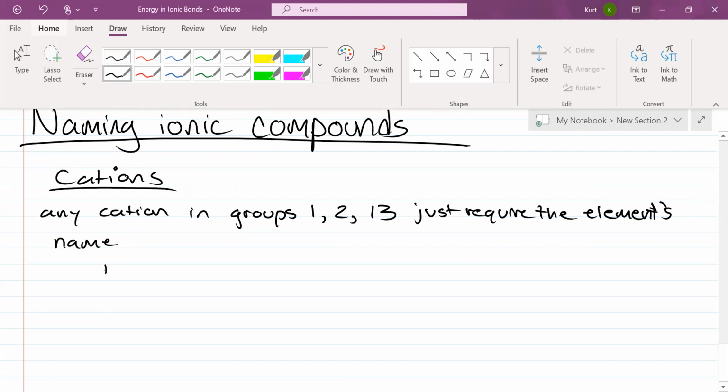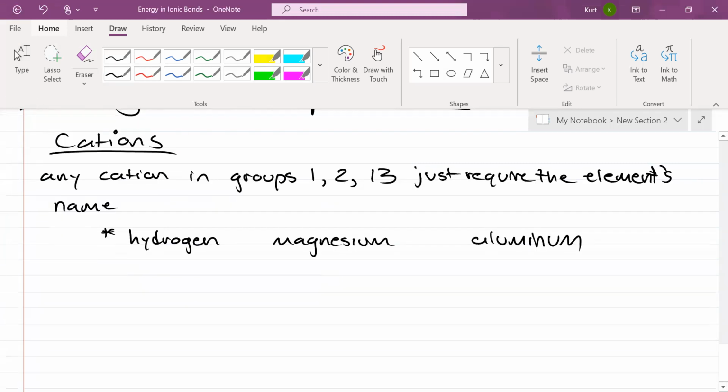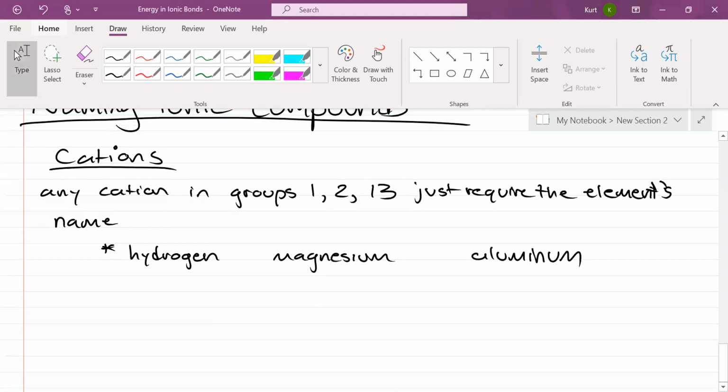Just say it. For example, hydrogen or magnesium or aluminum. That's it. Put it in the box. However, for metals in the D block that have multiple charges, you have to put the Roman numerals.